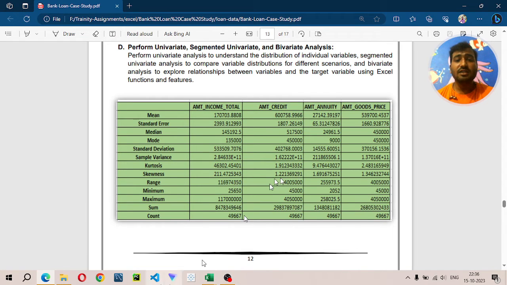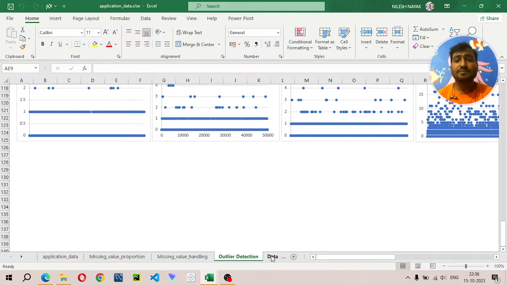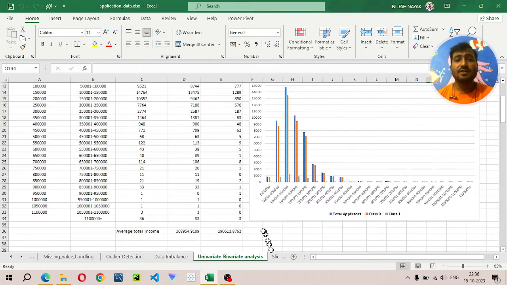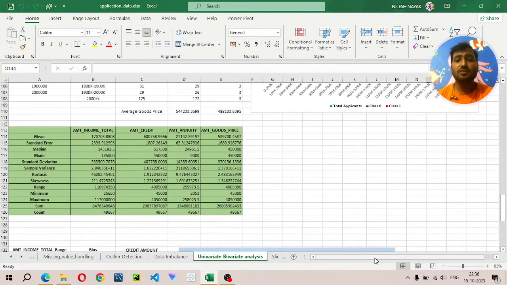I can show you on the Excel sheet what we have performed for the mean, standard deviation, median on these four data columns. Because these were continuous columns, we have performed it on these columns only.